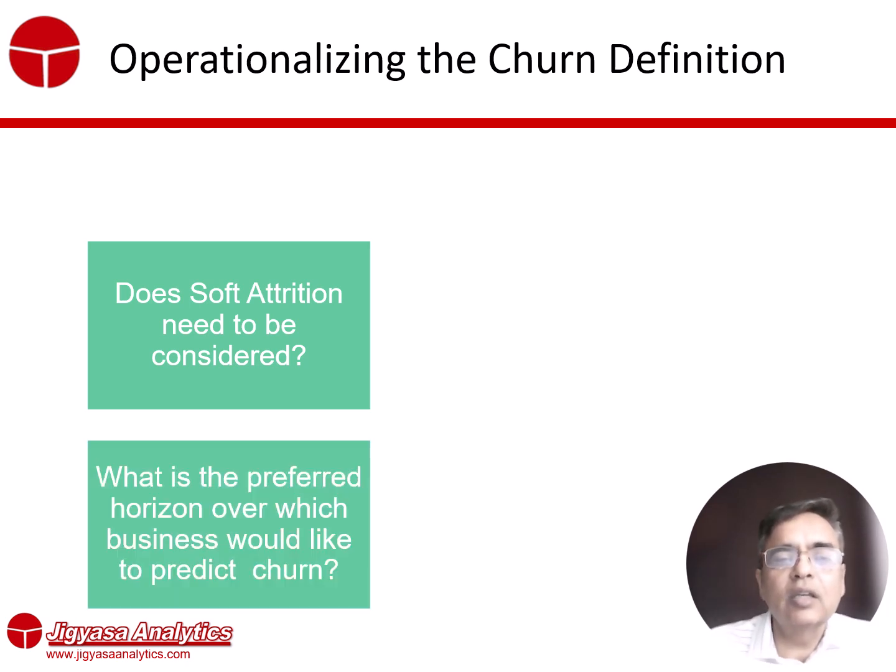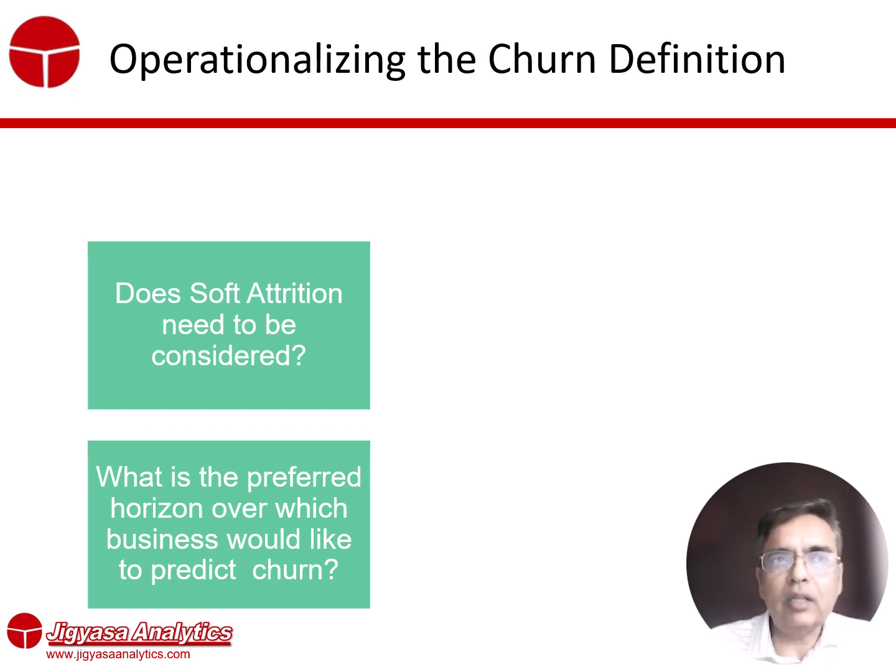The next thing is, what is the preferred horizon over which the business would like to predict churn? And it varies with the customer type and the life stage. You might want to know who is likely to churn over the next few days, the next few weeks, the next few months, and over the next year. It depends on the type of contracts you have, where the customer is on the contract.